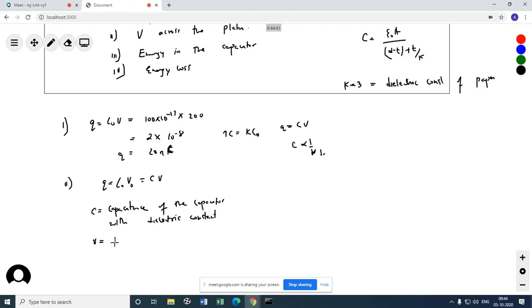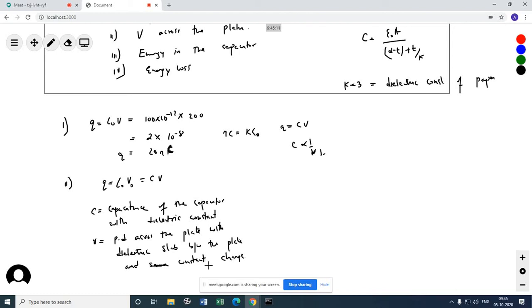Similarly, V would be the potential difference across the plates with the dielectric slab between the plates, with the same constant charge.